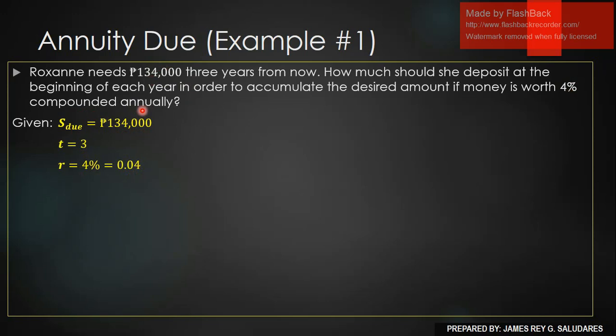Compounded annually, so clearly your M is equal to 1. Your N is M times T, so 1 times 3 is equivalent to 3. And your I is R over M, so you have 0.04 divided by 1, which is 0.04. Okay, so we're going to solve for R.